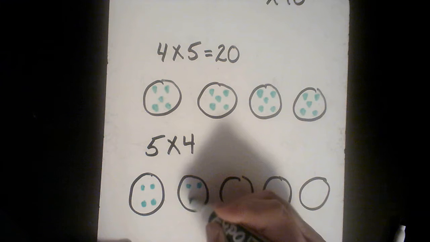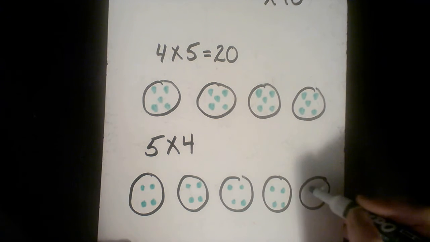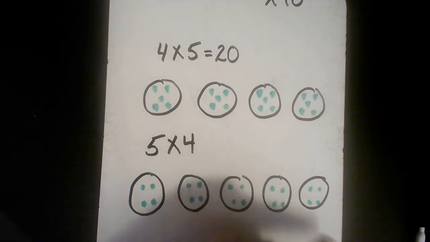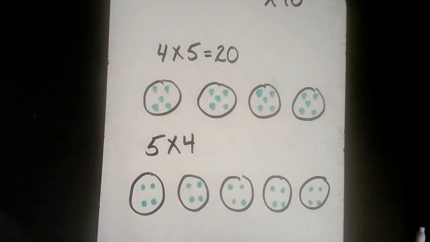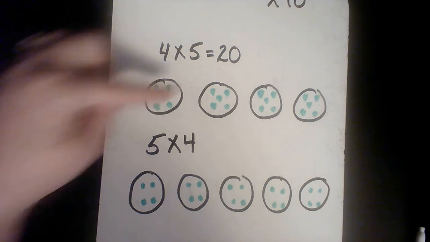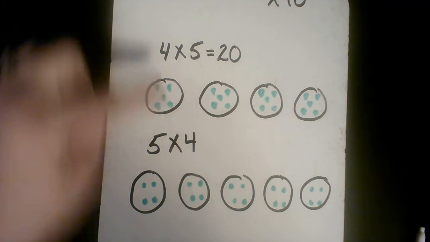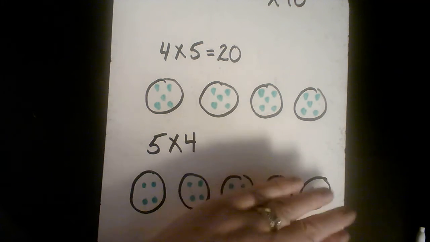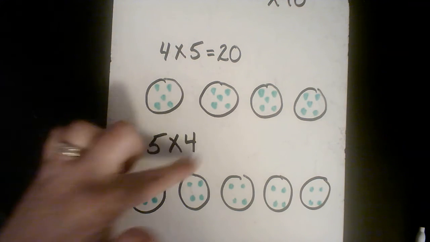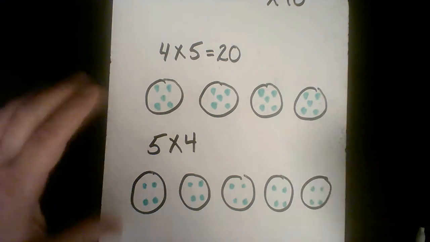So in this case, I wouldn't be skip counting by 5s, I would be skip counting by 4s to get the answer. However, knowing that the answer is going to come out exactly the same as if I was doing this one, then when I'm just calculating and I'm not thinking about groups and I just need to know the answer, I can flip those around so that I can skip count by 5.